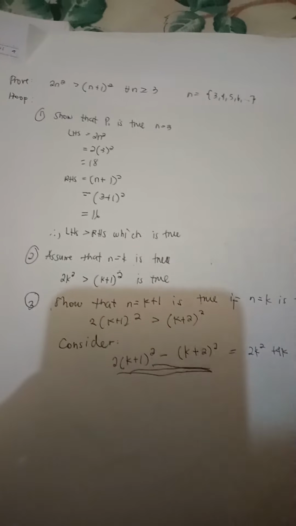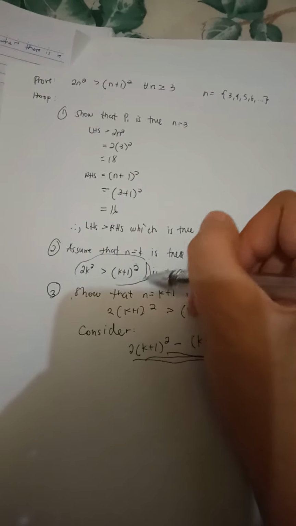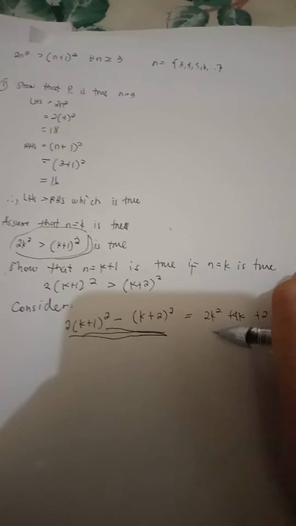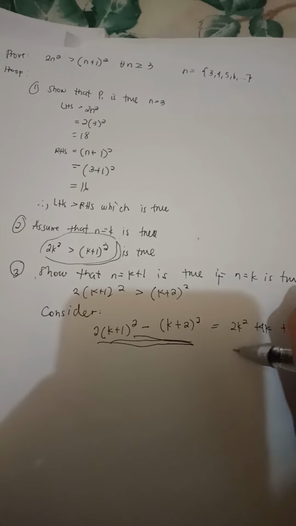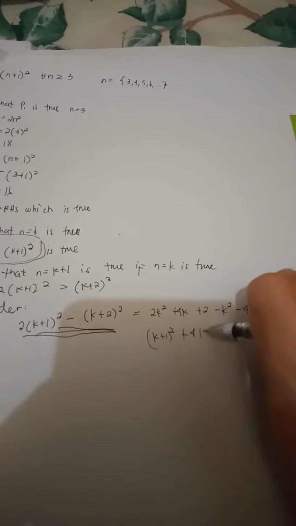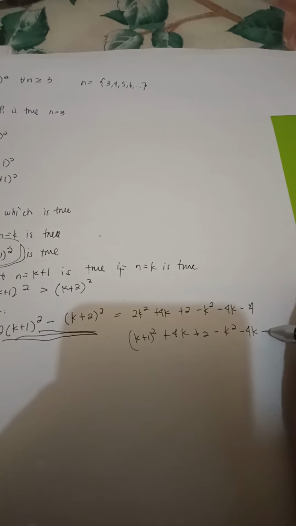In order to use the assumption that I've got over here, we need to substitute 2k squared with (k plus 1) squared. So it's going to be (k plus 1) squared plus 4k plus 2 minus k squared minus 4k minus 4.